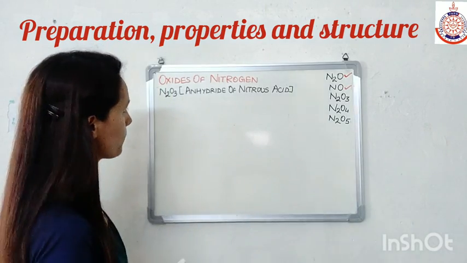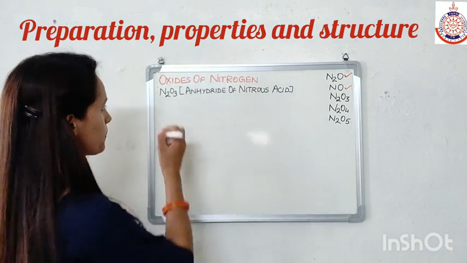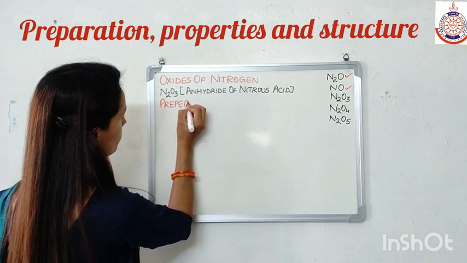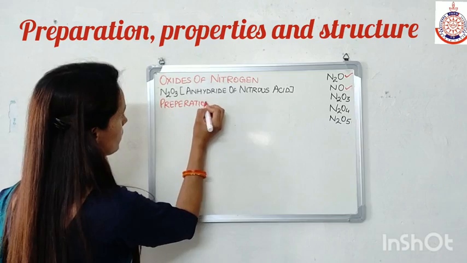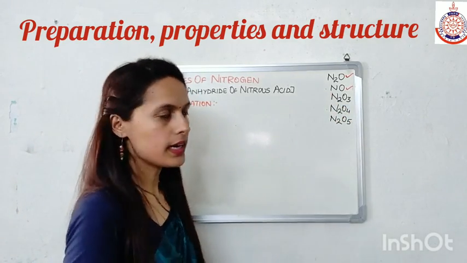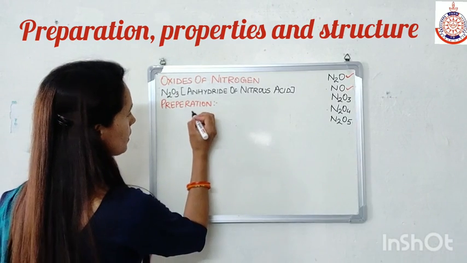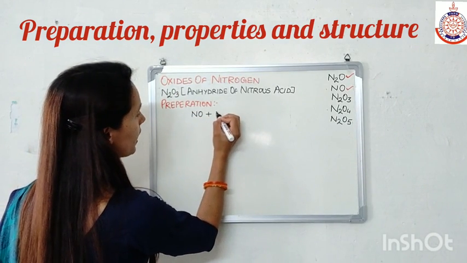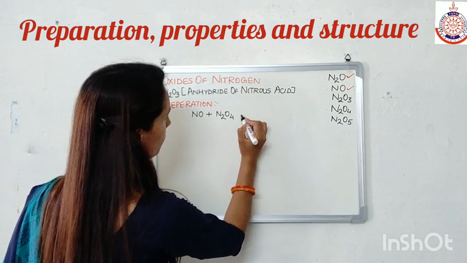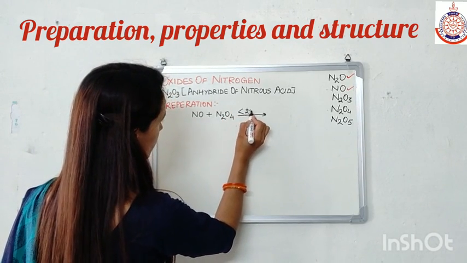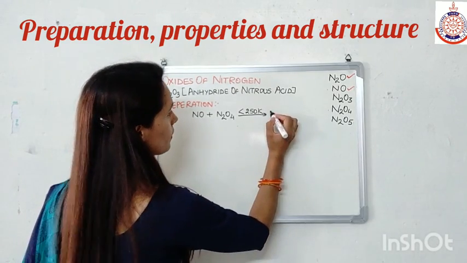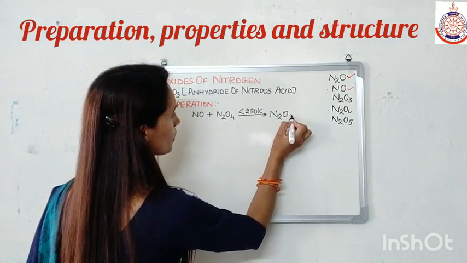If I talk about the preparation, it is formed from NO and N2O4. Clear? Now, when we react NO with N2O4 below 250 Kelvin, the temperature should be below 250 Kelvin, then we get N2O3.